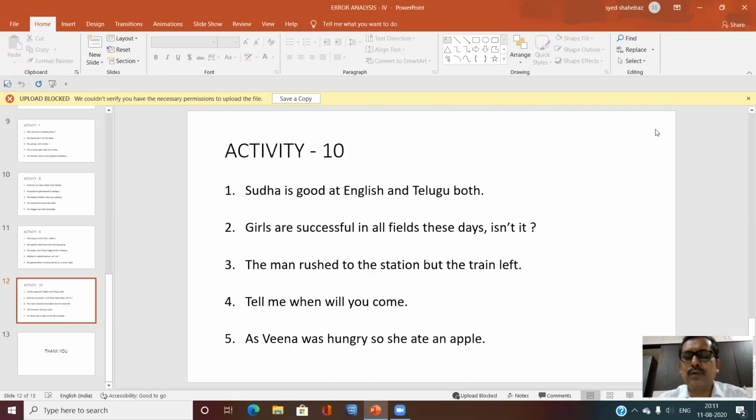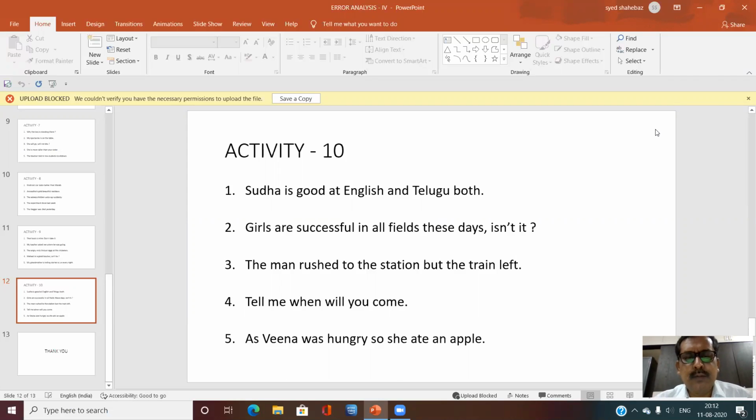So here the grammar rule is when two actions are completed one after the other, refer the first action in the past perfect tense and the second action in the simple past tense. So the correct sentence is the man rushed to the station, but the train had already left.